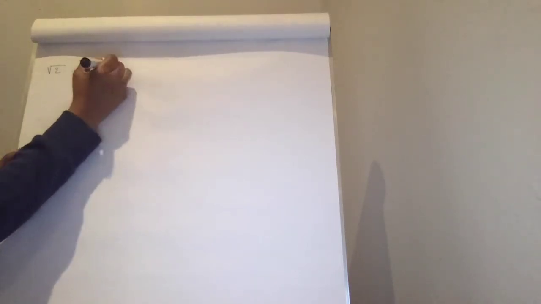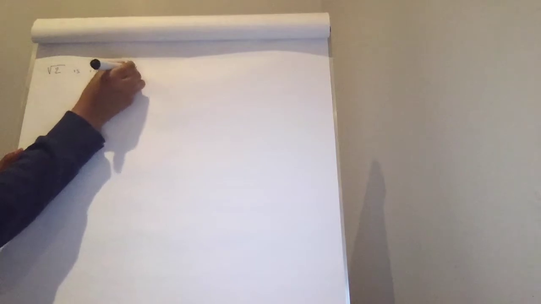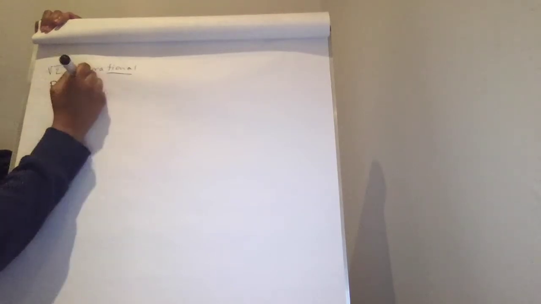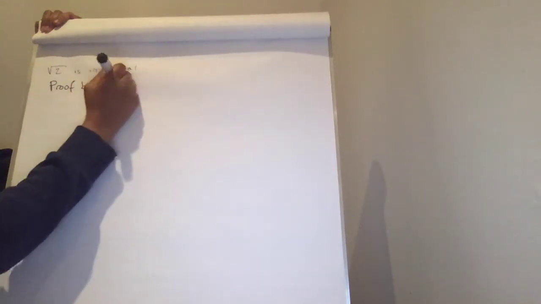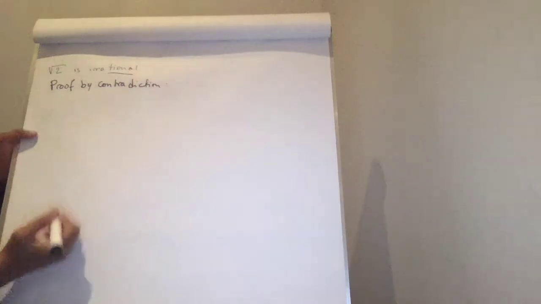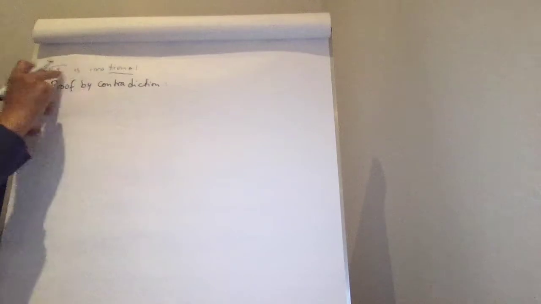Okay, so the proof that we are going to try to do right now is proving that square root of 2 is irrational. And the proof that we are going to do is a proof by contradiction, which means that we assume first the contrary of the statement that we are trying to prove.